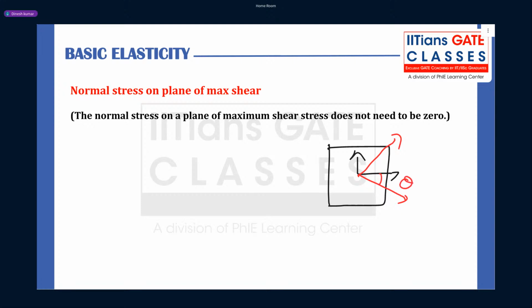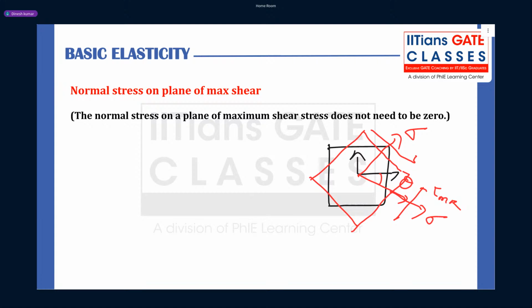Now guys, you have to draw the corresponding stresses, right? So you can see here there is a normal stress, suppose this is sigma, okay. So my corresponding shear will be tau max. So here you can see this is tau max, and this will also be sigma.